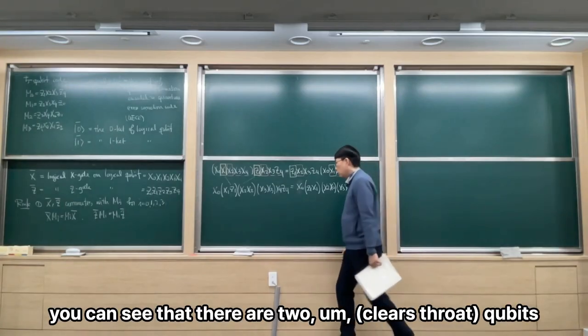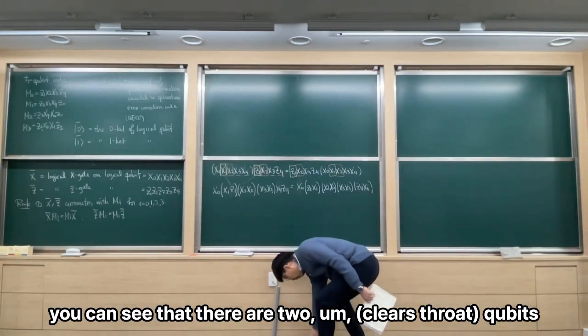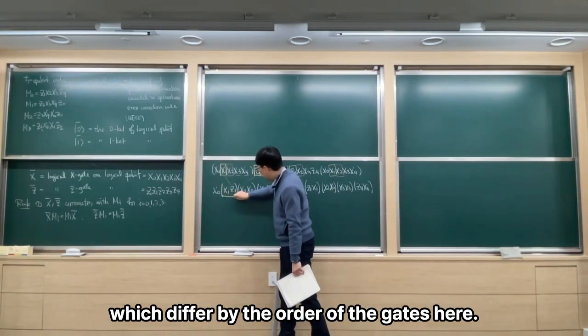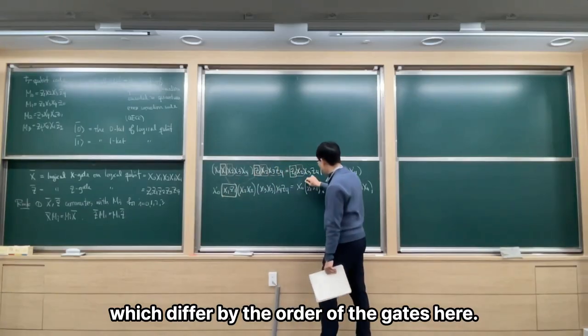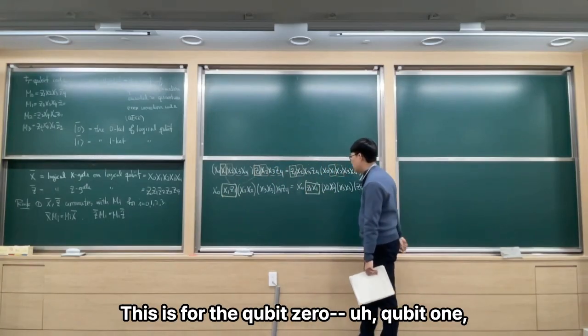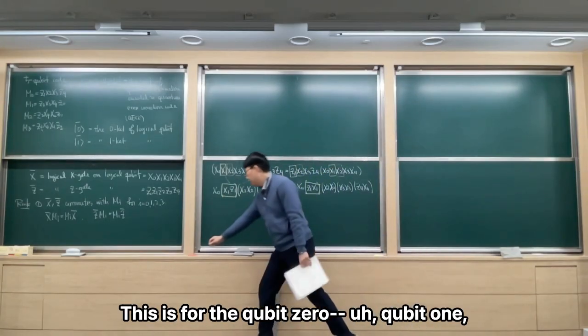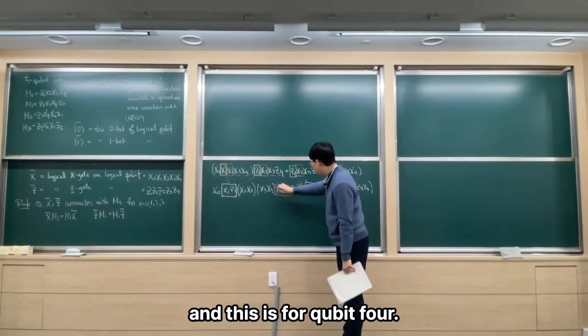You can see that there are two qubits which differ by the order of the gates here. This is for qubit 1, and this is for qubit 4.